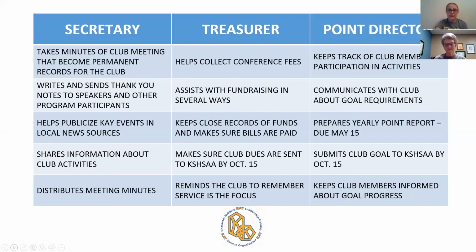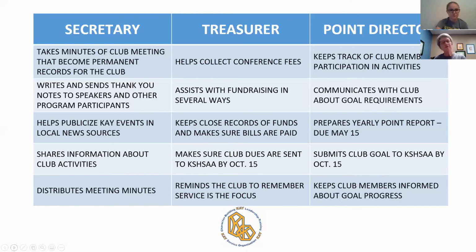It's actually recommended by the KAY office to do fundraising no more than 2 times a year. You'll be asking the same people for money over and over again, and you won't get as much. And as we said, it is a service organization first, and there are so many things you can do that require no money whatsoever. So please make sure you remind your club that service comes first.